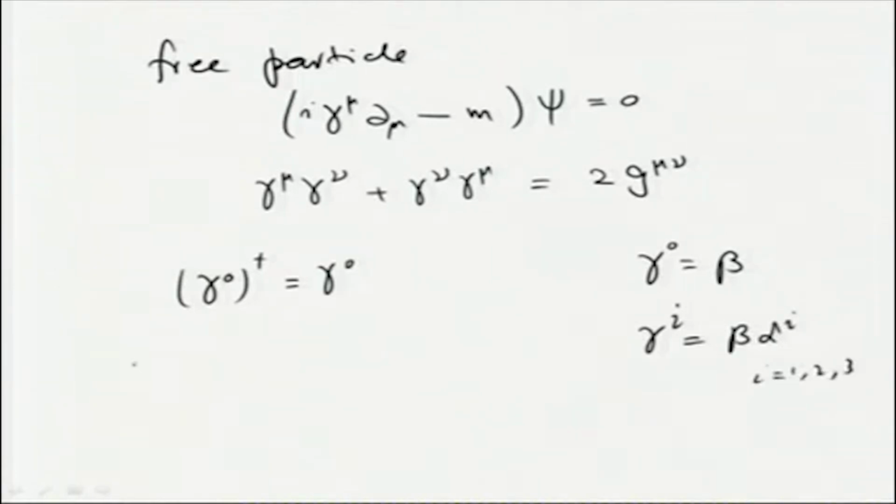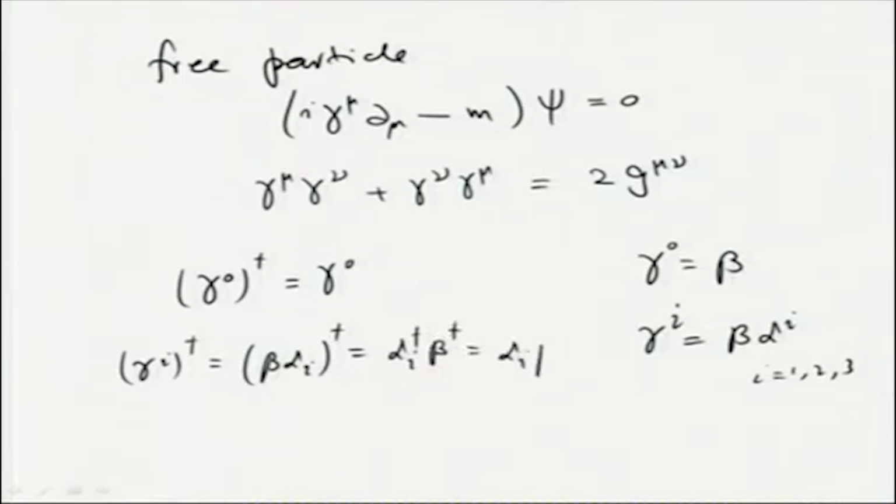So, γ^i dagger, the Hermitian conjugate, is (β α^i) dagger, which is equal to α^i dagger β dagger, which is equal to α^i β, because α and β are Hermitian coefficients, the Hermitian conjugate of each other.